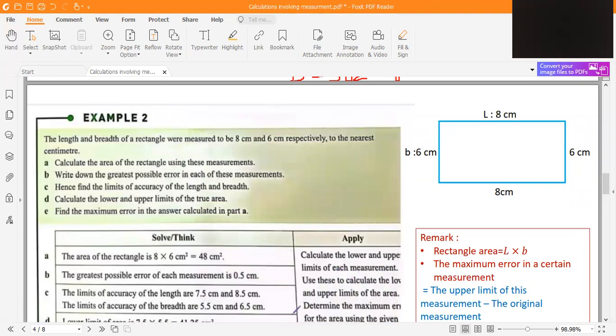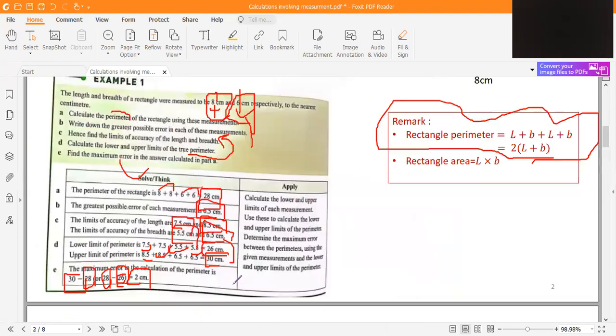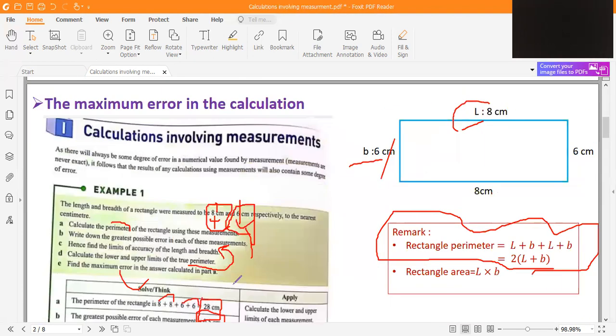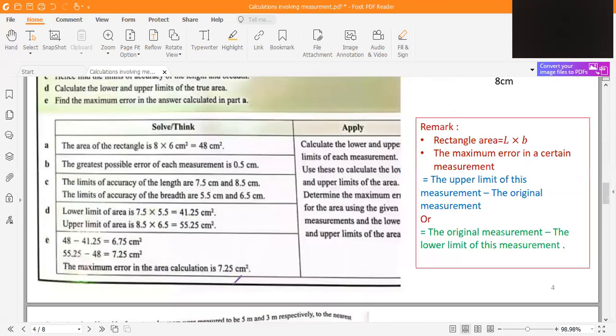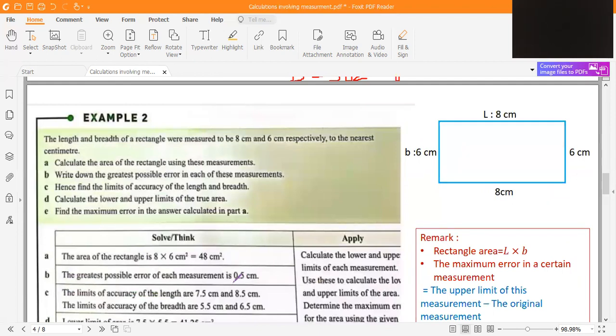In the next example, we see how a calculation involves measurements and how to evaluate the maximum error in the calculation. For example, we want some idea about the area of a given rectangle. We have a rectangle on the right, with length equal to 8 and breadth equal to 6.